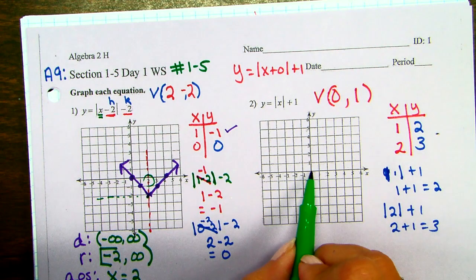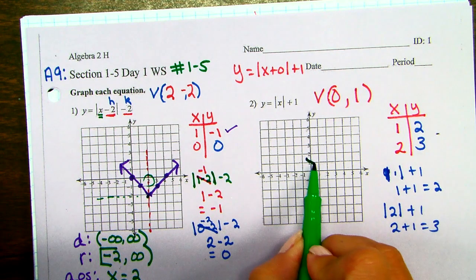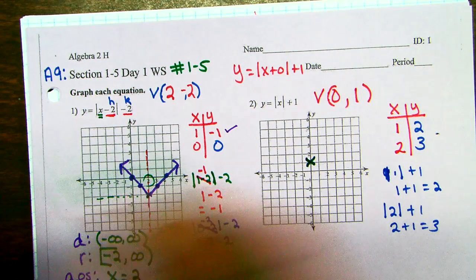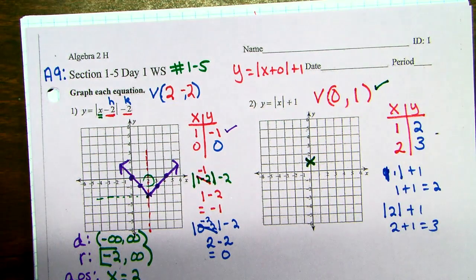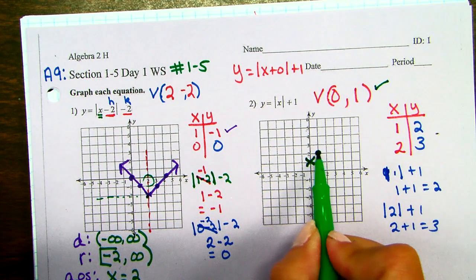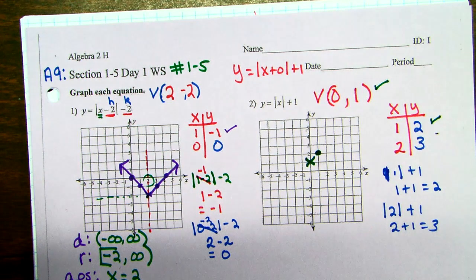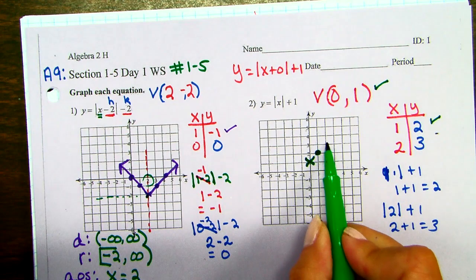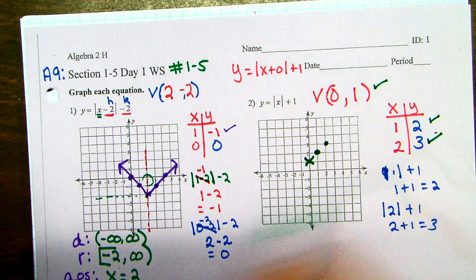So our vertex is at 0, 1. So that's that guy. To the right 1, up 2. Right 2, up 3.